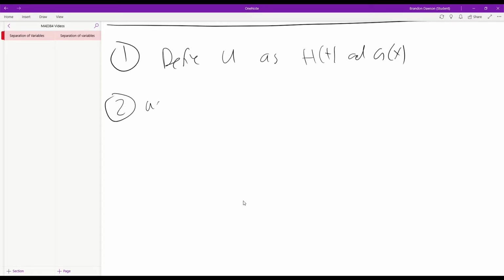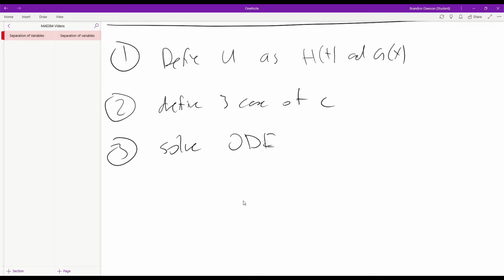Step 2 is to use your initial conditions. Sorry, 2 is define 3 cases of c. 3 is solve ODEs with your boundary conditions.